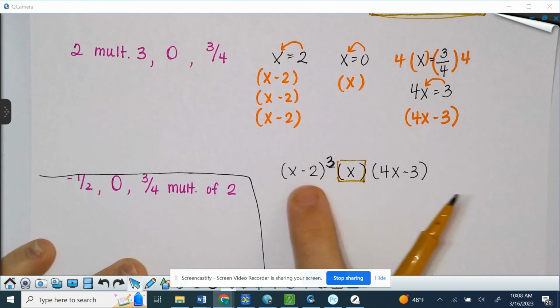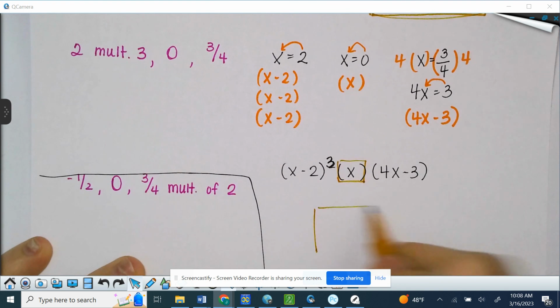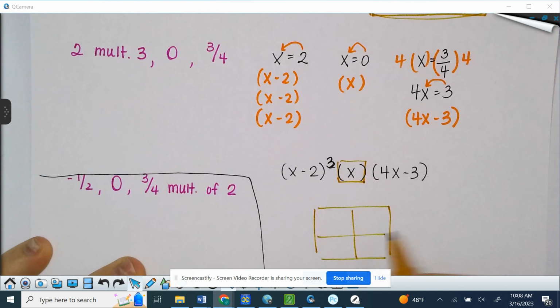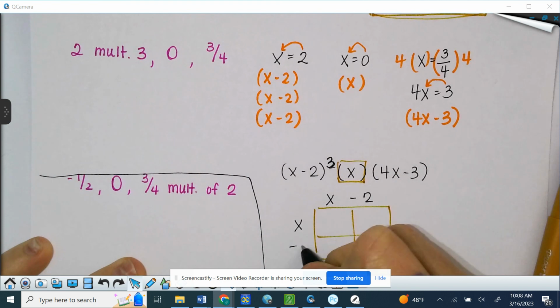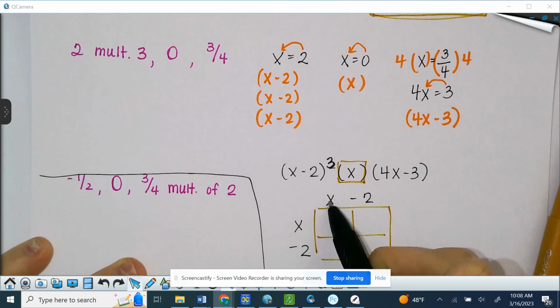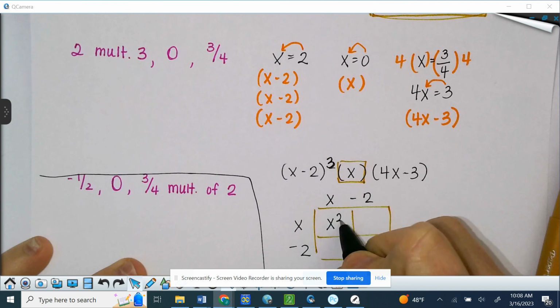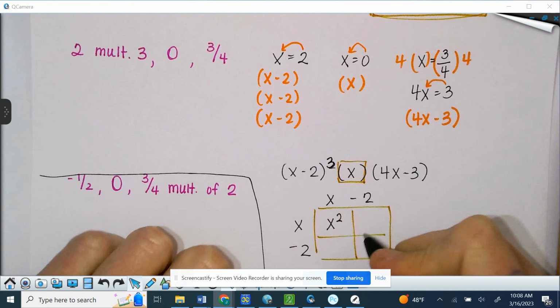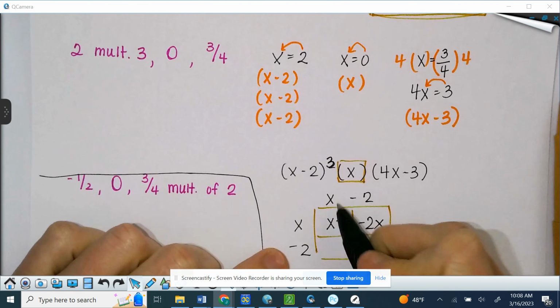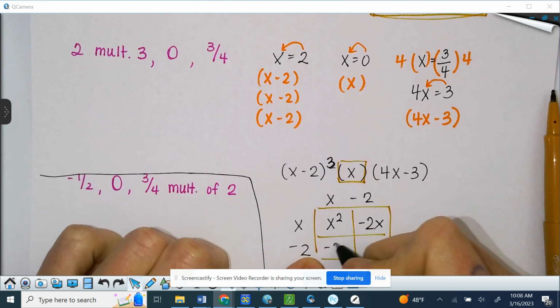X minus 2, we're going to do it 3 times. So we're going to do it 1 time. X minus 2, and I'm switching to box method this time. So x times x gives me x squared. Negative 2 times x, so you're working in like this, negative 2x. We're going to do it again. Negative 2 times x down here is negative 2x.